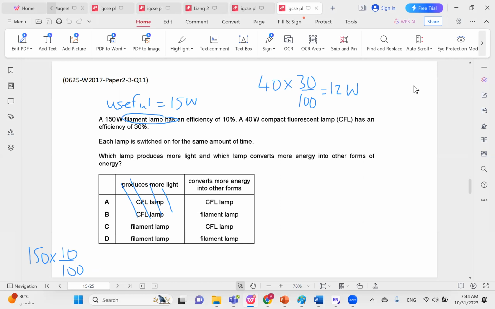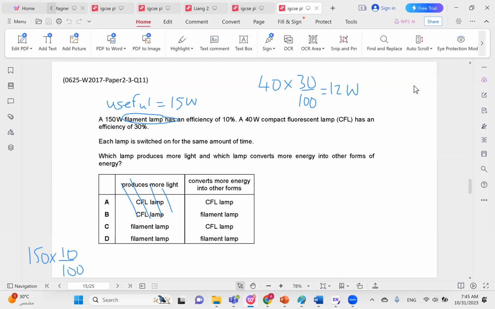What about converts more energy into other forms? This has to do with waste, basically, because you're using the input energy usefully, and then the rest goes to waste. For example, like we said in the previous question, it is converted into heat energy. So which of them wastes more energy in a sense? Of course, the less efficient one.